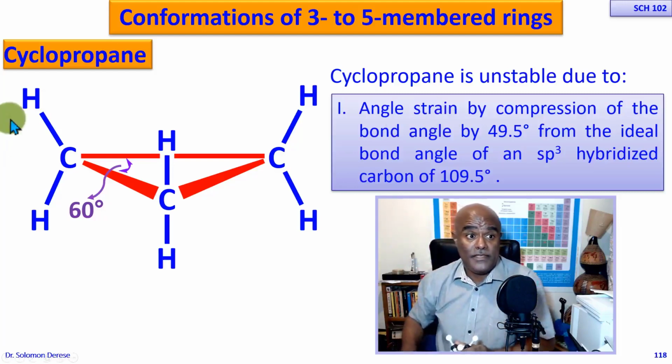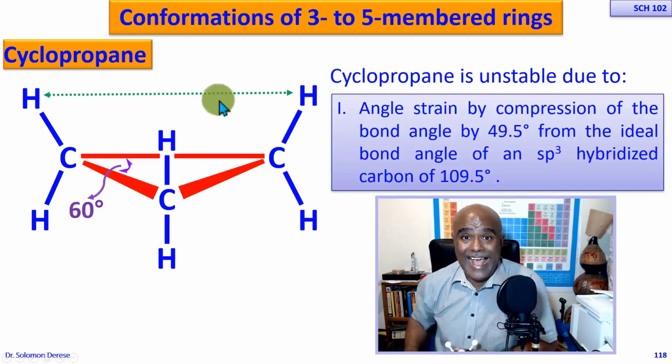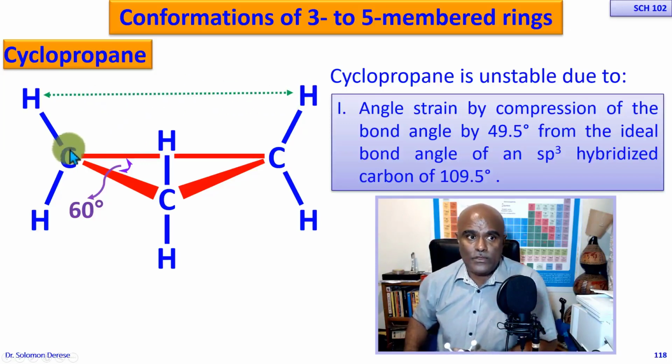So these hydrogens and these hydrogens are eclipsed. As a result of that, there is going to be electrostatic repulsion between the electrons of this carbon-hydrogen bond and this carbon-hydrogen bond.